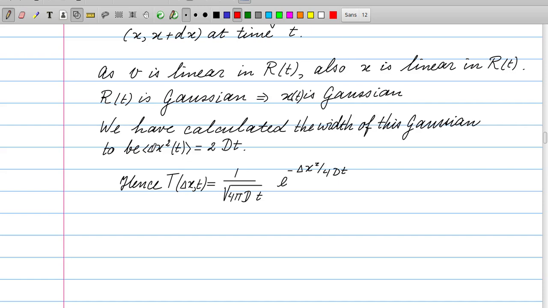So the probability to make a step, dx squared, scales linearly with the time t, 2 dt. And therefore the transition probability, I call that T, is the probability to make a step of size delta x within a time interval t.